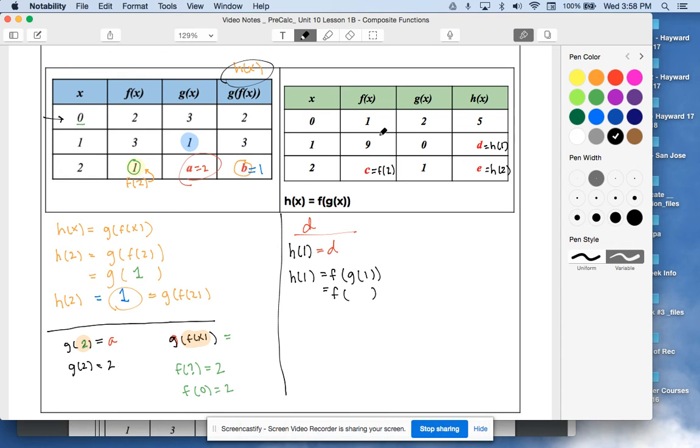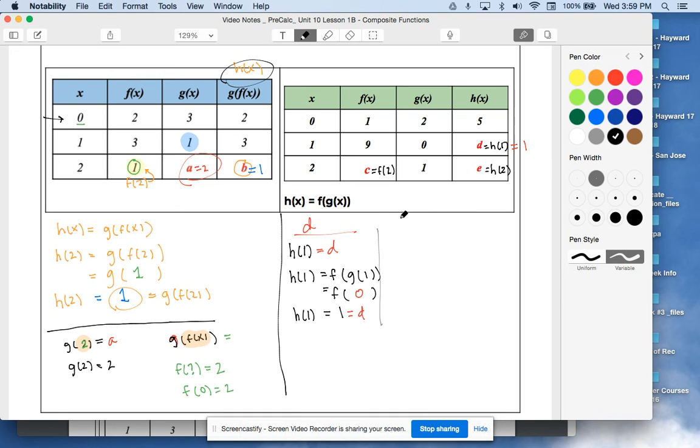So g of 1 is the output of 0. So we write 0. And then f of 0, so we go to our f function, input is 0, the output ends up being 1. Cool. So we get h of 1 equaling 1, which is the same thing as d. So in this case, d equals 1. Okay, so we figured that one out.